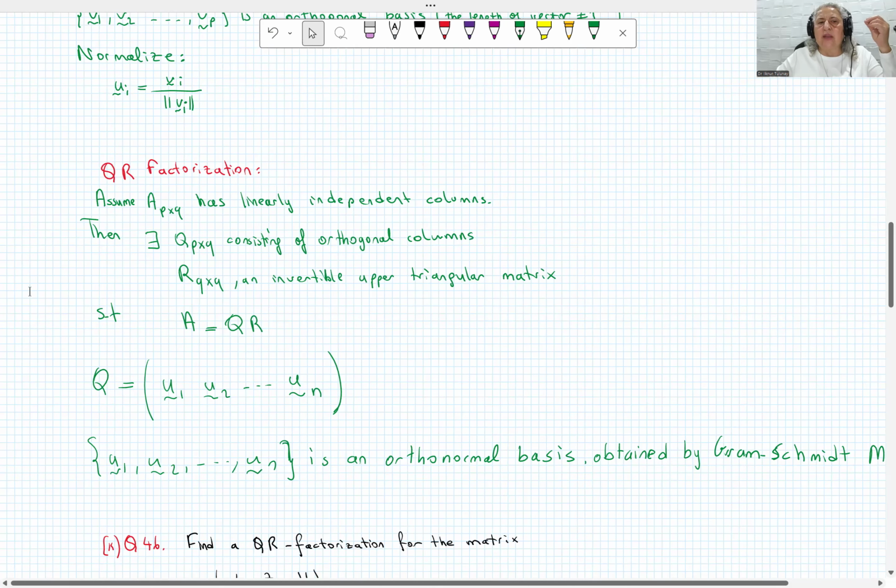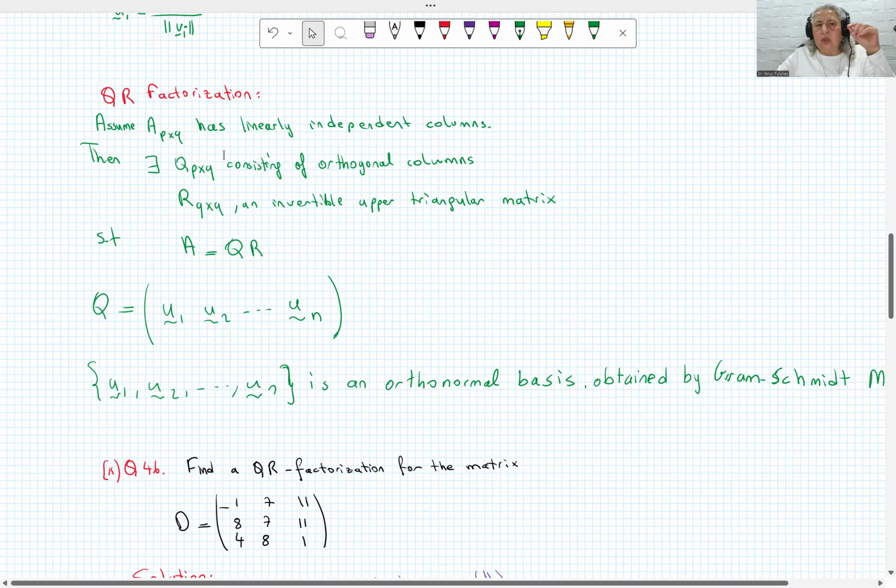In this case, assume that you have a matrix A with p rows and q columns, and the columns of this matrix are linearly independent. Then there exists a Q matrix, which consists of orthogonal columns, and an R matrix, which is an invertible upper triangular matrix, such that A can be written as the matrix multiplication QR.